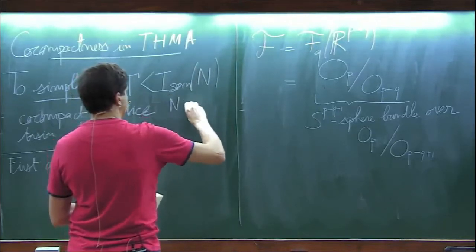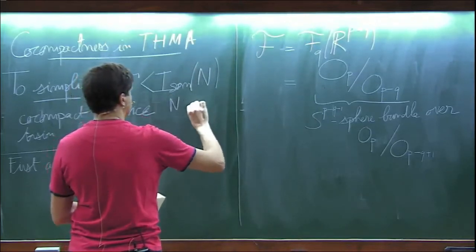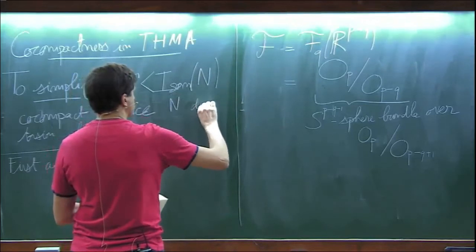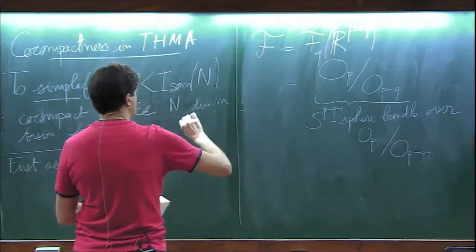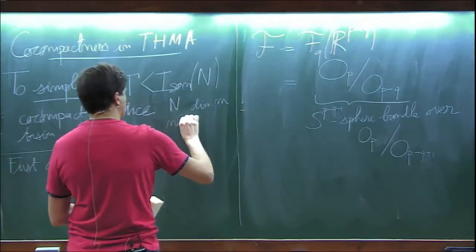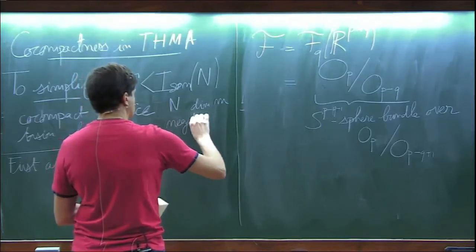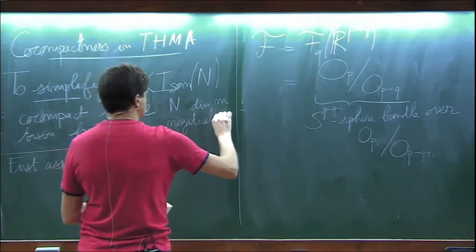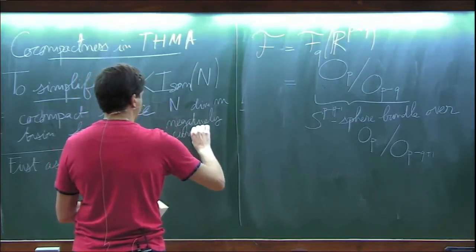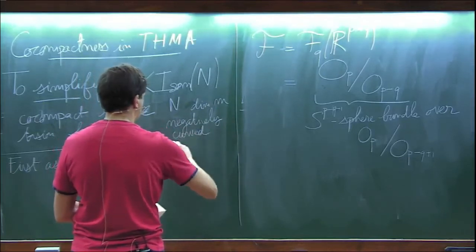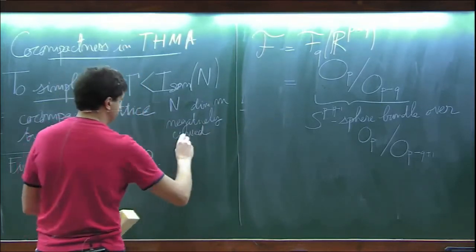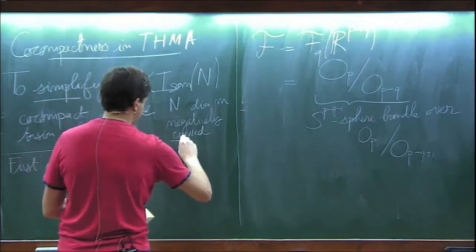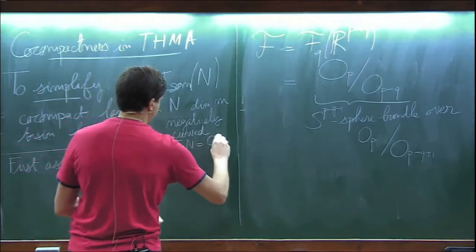So I put isometry of N. N is of dimension m, a negatively curved Cartan-Hadamard manifold.